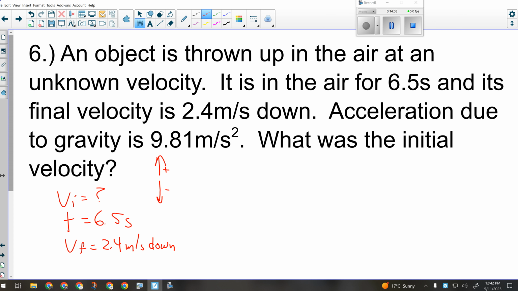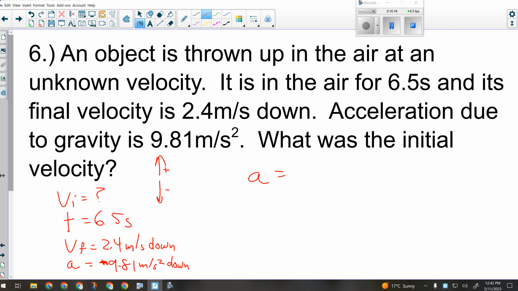Just so I remember, up is positive, down is negative. And acceleration due to gravity is negative 9.81 meters per second squared, also down. If I don't make gravity negative, this ends up being pretty weird. Agreed? Like I get a strange answer. So I've got to solve for VI.